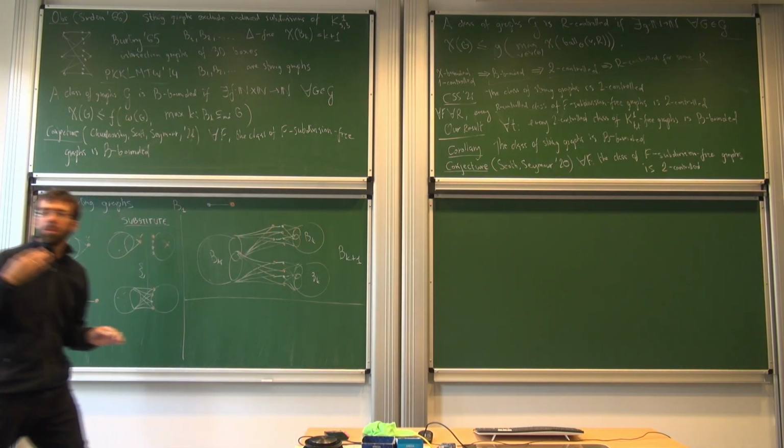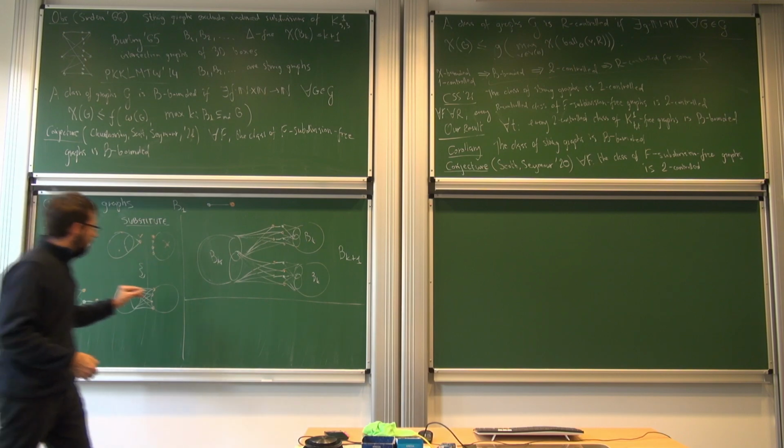What's the property about the chromatic number of the graph? Here it is.